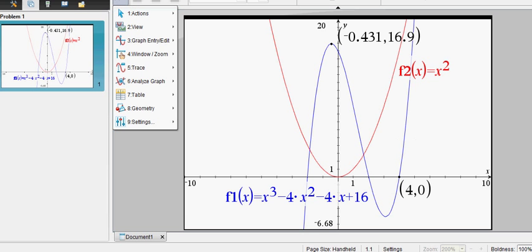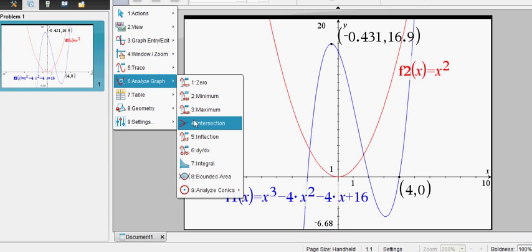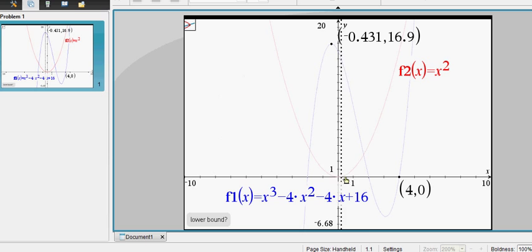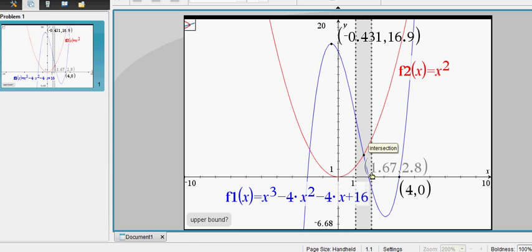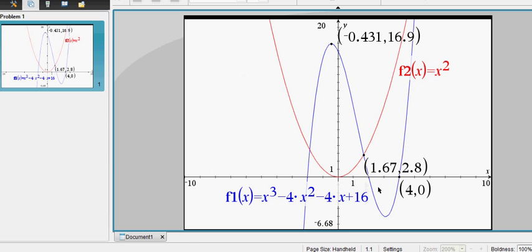You should know how to find an intersection of two curves. Normally that's second calc, find an intersection, and then you pick the first curve and the second curve and the approximate place where they cross, and the calculator tells you where the curves intersect. You have to know how to do that.